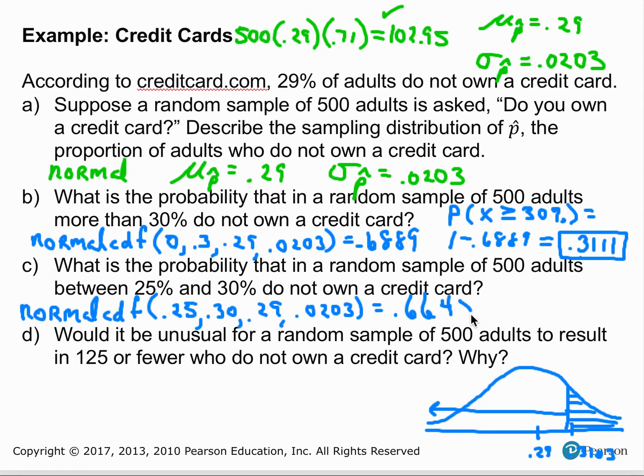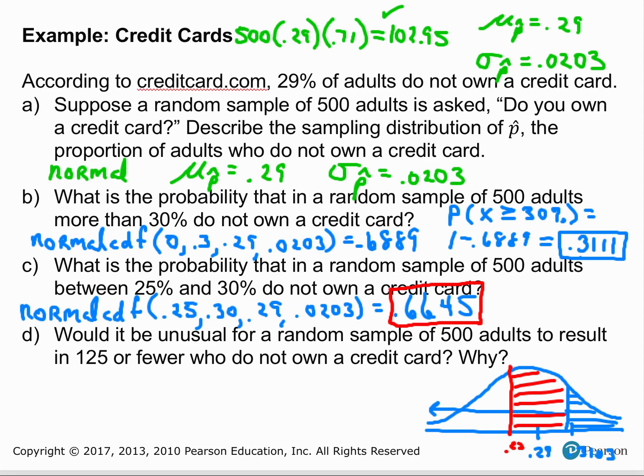And this is our actual answer, because this one is giving me the value, so let's say 0.25 is here. That does give me this, which is what I wanted. Instead of 0 all the way up to 0.3, this value gave me 0.25 up to 0.3.